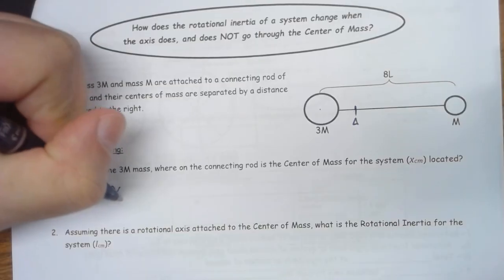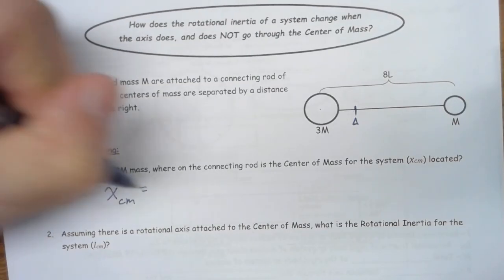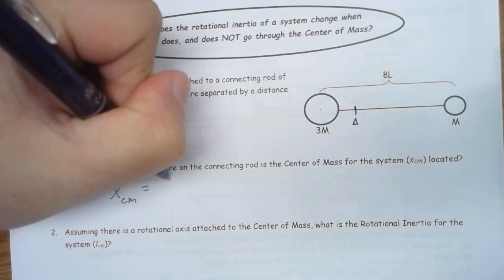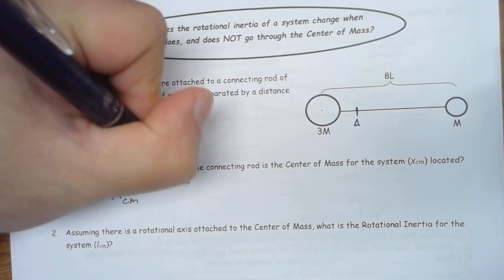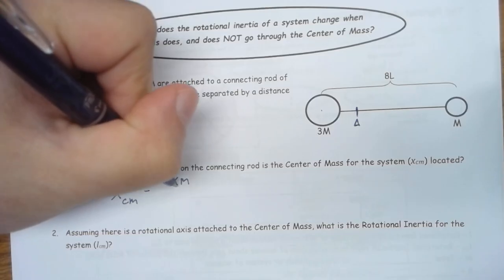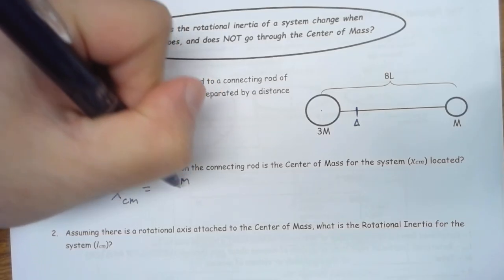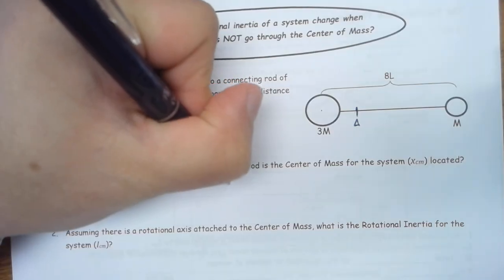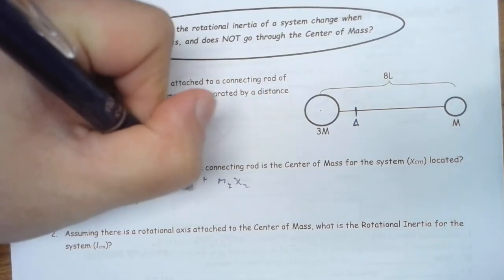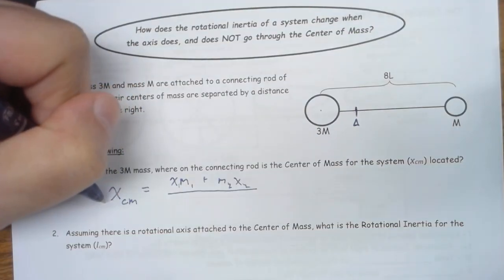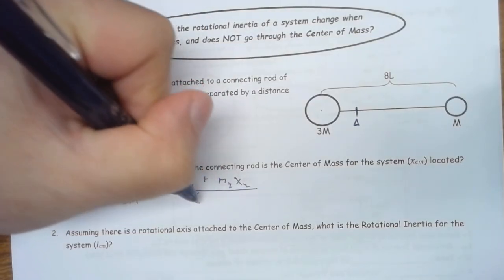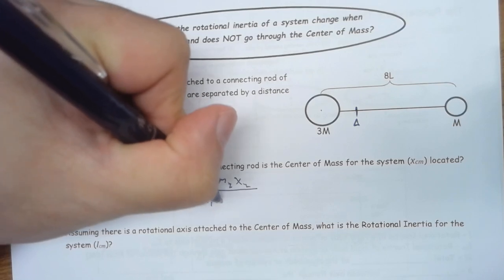Back in the day, we learned that our xcm formula should work, that we need to figure out the scale of it. So m1x1, right? Plus m2x2 divided by, we want x out of here, so we're going to divide out the total mass.